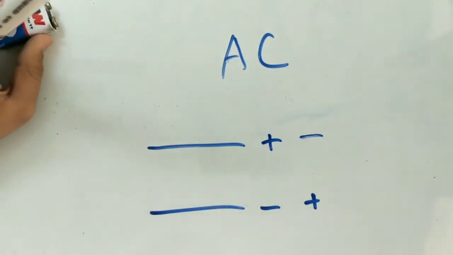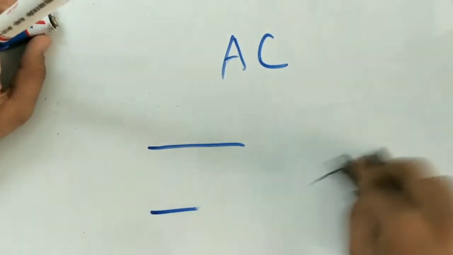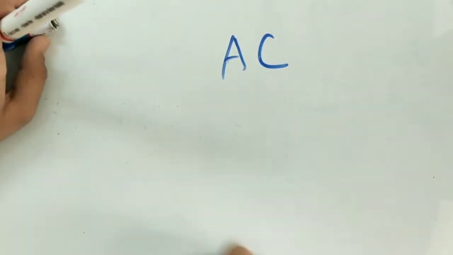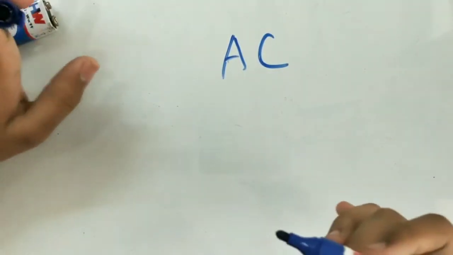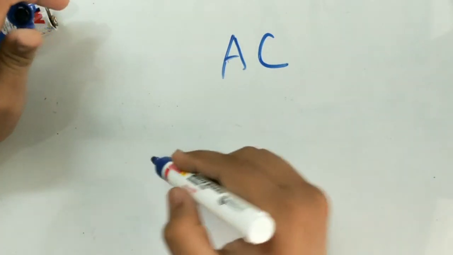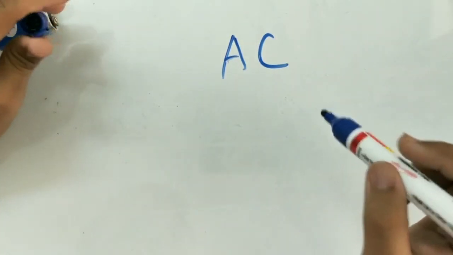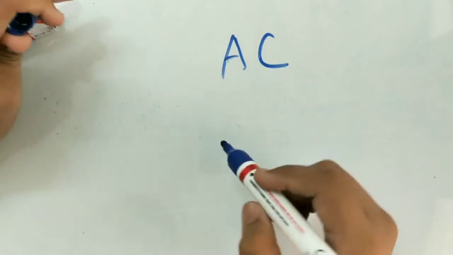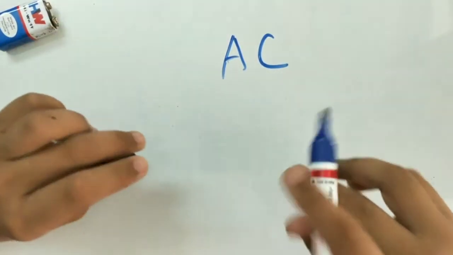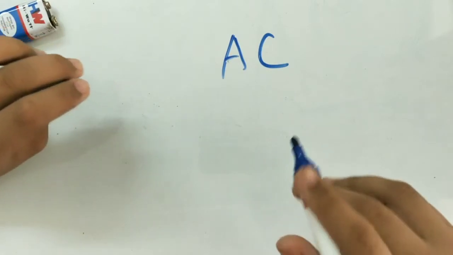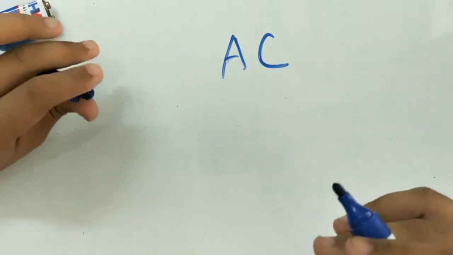The next main thing of AC is frequency. You might have heard that the AC current which we get from our power line is at 50 hertz.